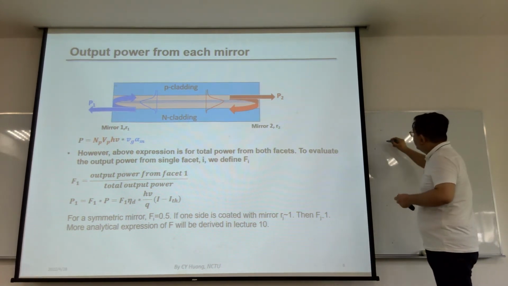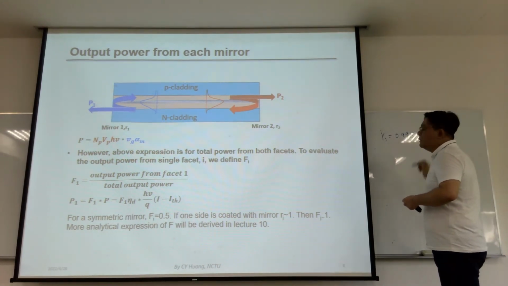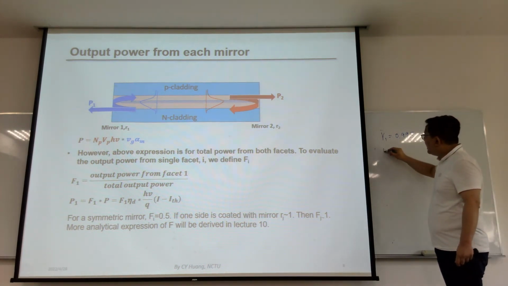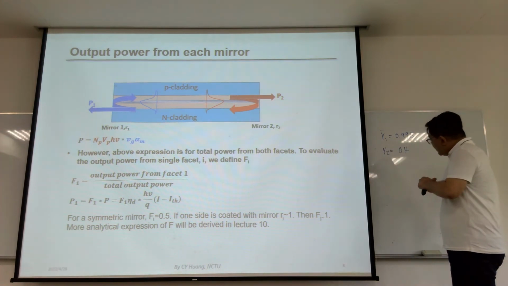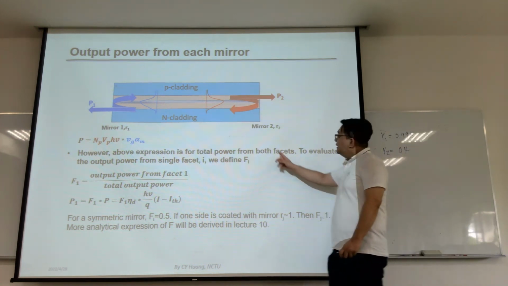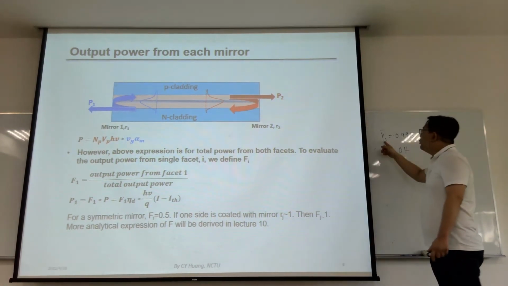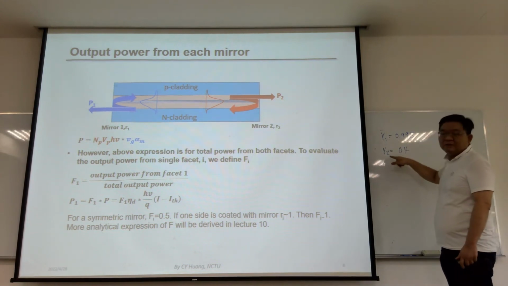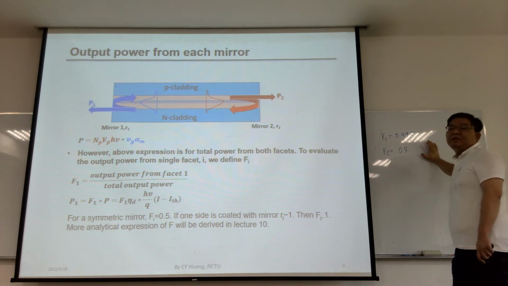For example, R1 might be 0.995 after stacking so many layers of your DBR, and R2 is still 0.4. In that case, the light leaving from mirror 1 will be very small, and most of the photons will leave the cavity from mirror 2, since only 40% of the field will be reflected here.